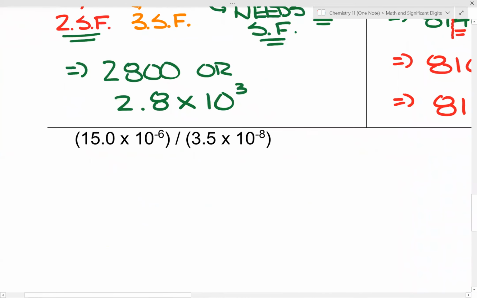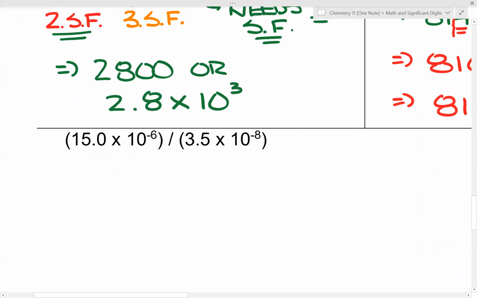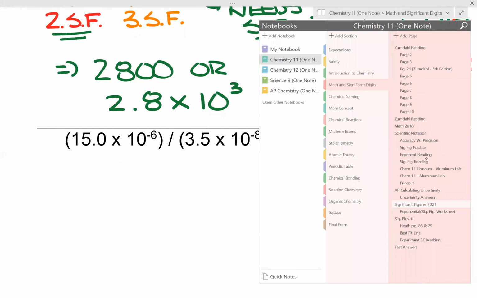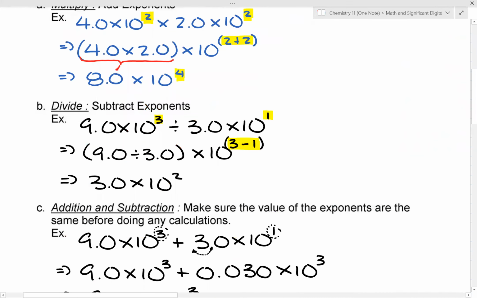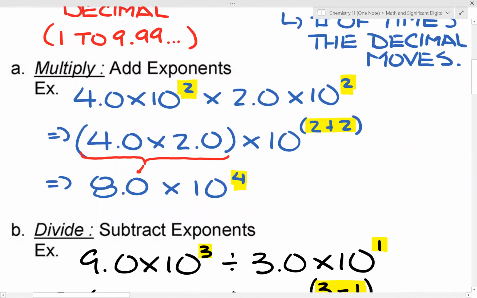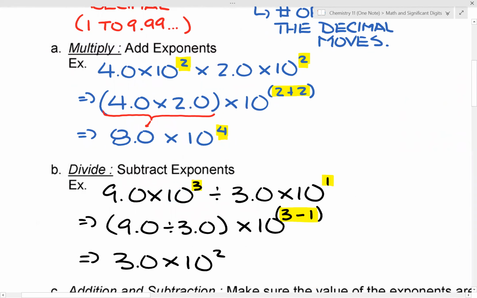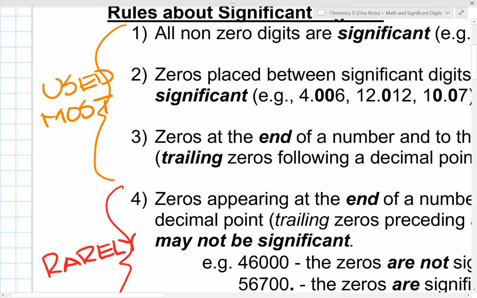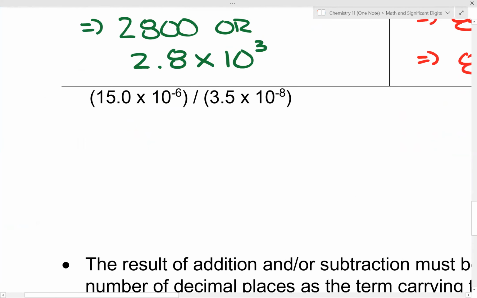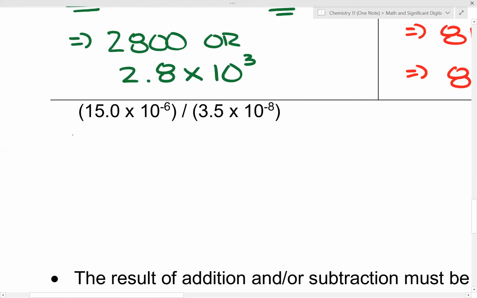Now, how about if we had exponential numbers? In this particular case, you can do it in your calculator, but what I'm going to do is break it apart and do it like how I approached last day's lesson. Remember when we did exponents, when we multiply or divide, we add or subtract exponents. So I would break it apart.